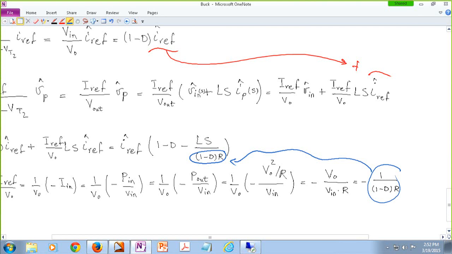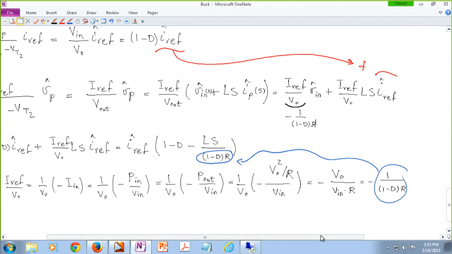Okay, and then one last thing to do. It's getting a little bit confusing, but I'm just manipulating some math to make it closer to a canonical form. But anyway, one last thing to do is, instead of Iref over V out, I can write minus 1 over 1 minus D times R, for the same reason that the very last line that you have on the screen is telling you.